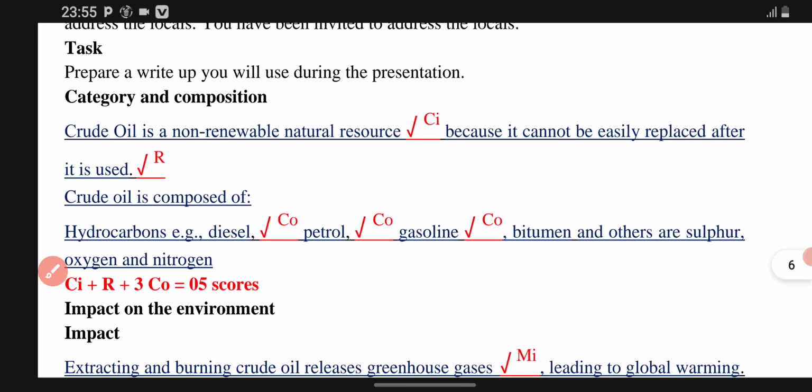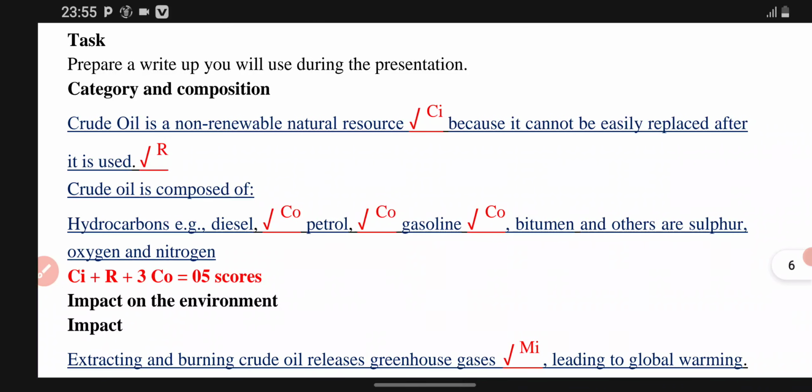Now this is my write-up. We are saying the category and composition. Now we have crude oil. So you're saying crude oil is a non-renewable natural resource. That's why I've indicated by writing that it is a non-renewable resource.